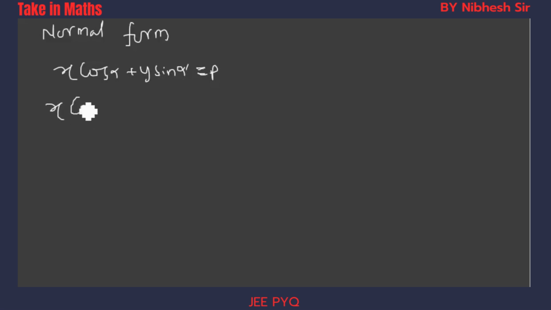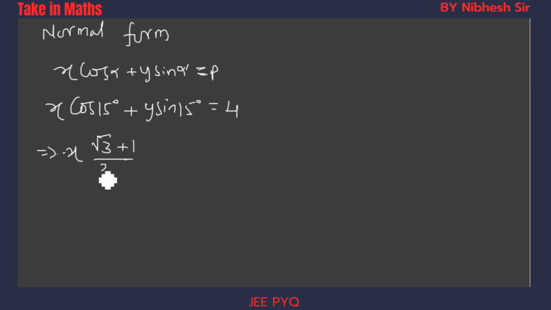So x cos 15 degree plus y sin 15 degree equal to 4. What is cos 15? Cos 15 is basically root 3 plus 1 by 2 root 2.